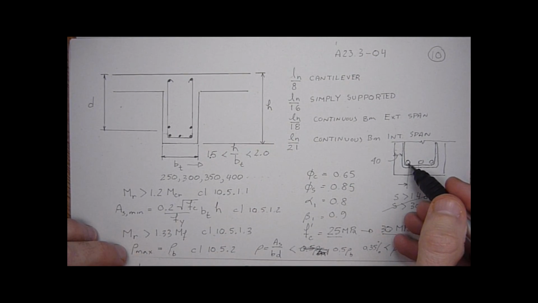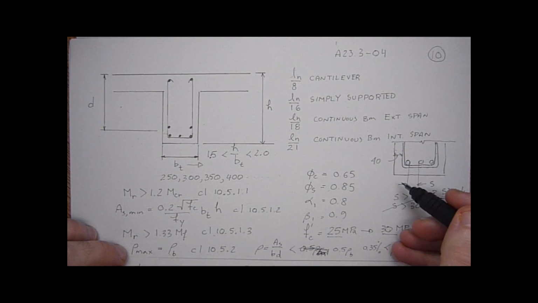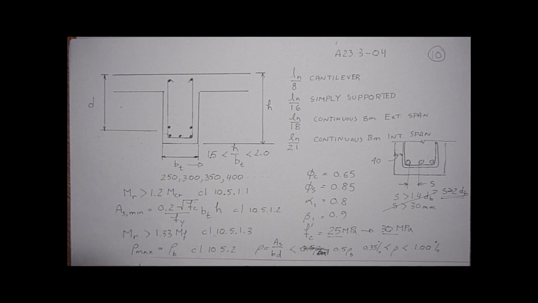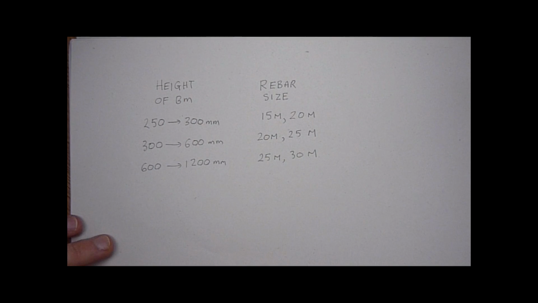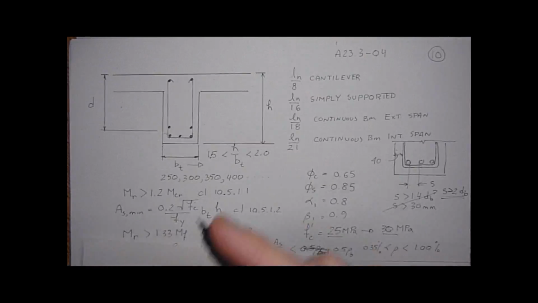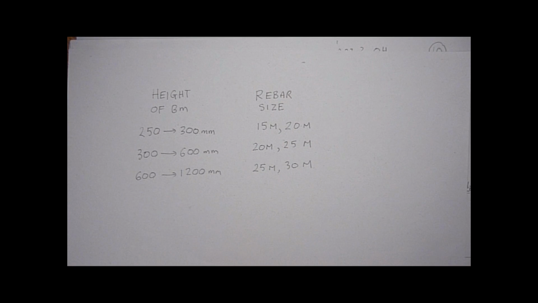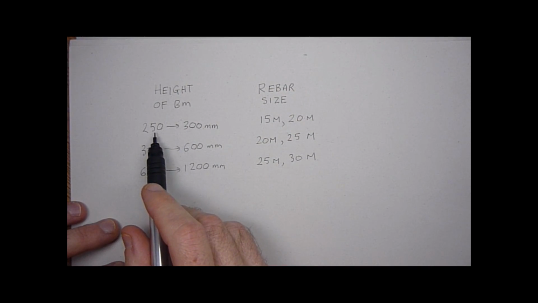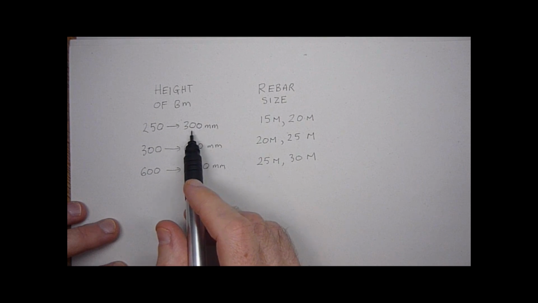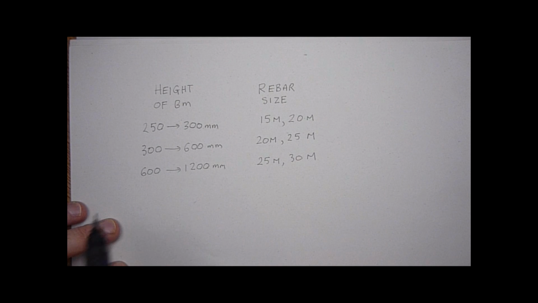I just want to also add that I would never use 10 M longitudinal rebar for a beam. A minimum 15 M rebars. I have a little chart I put together, and it shows heights of beams. These are just general rules of thumb again, but if the beam is between 250 to 300 millimeters in height, you probably want to select 15 M, 20 M rebar.